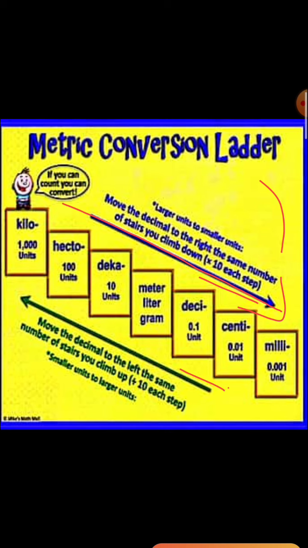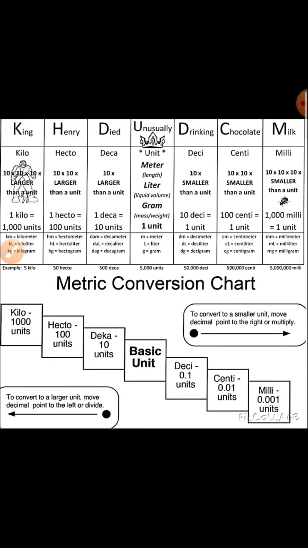And when you climb up the stairs, you divide. Divide means smaller to higher unit, and multiply is higher to smaller unit. These are very important. So we have the metric conversion ladder and the metric conversion chart.